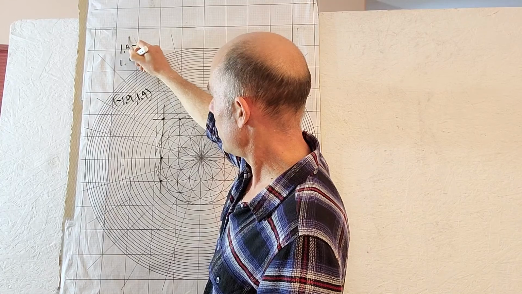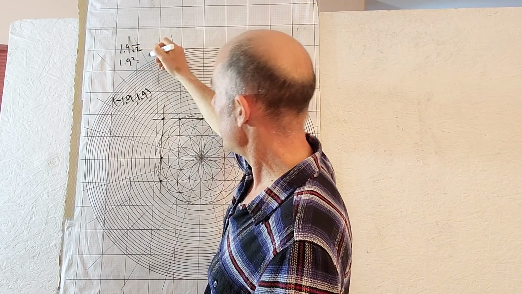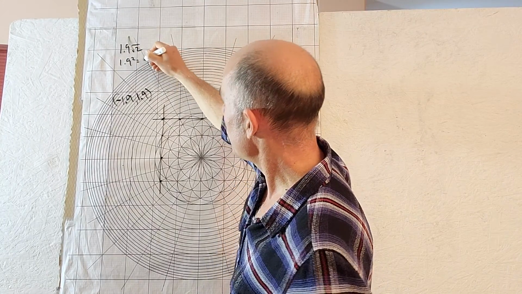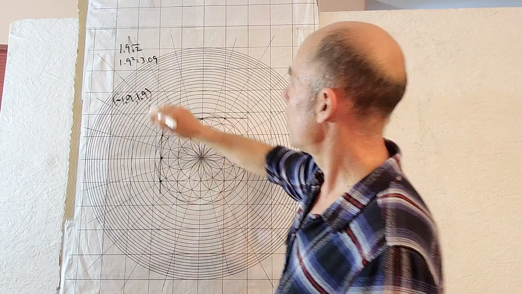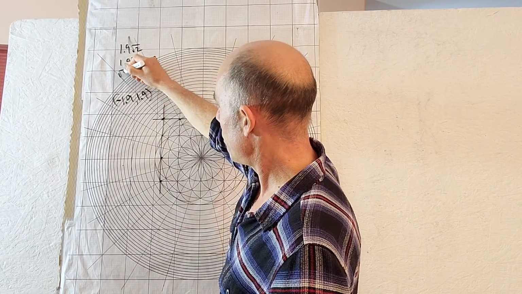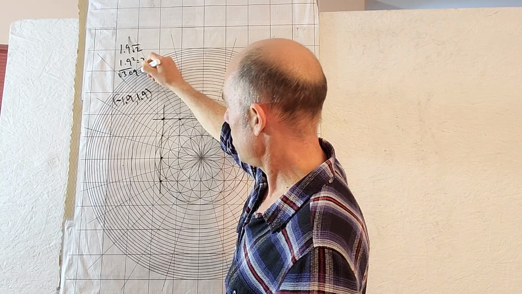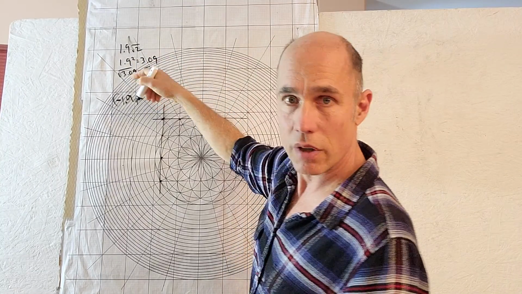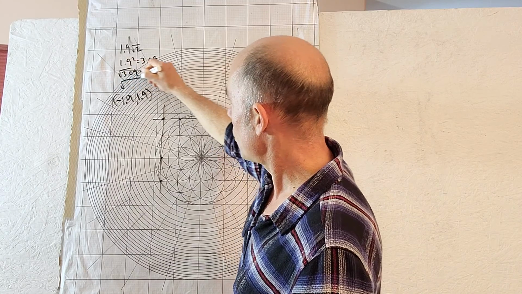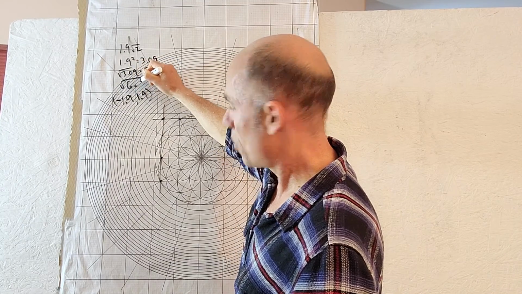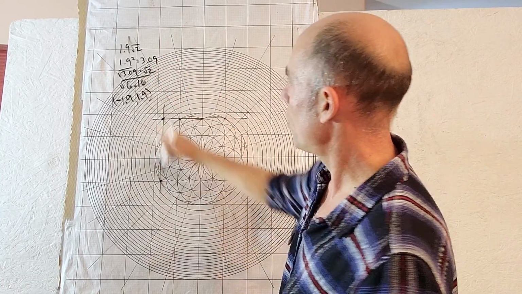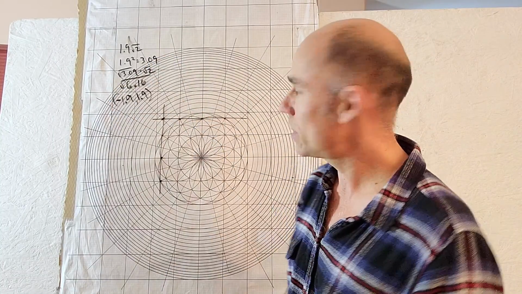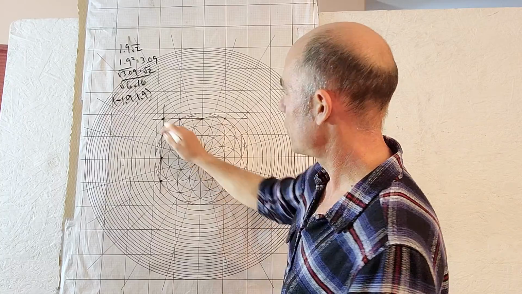So 1.9 squared is 3.09. So the square root of 3.09 multiplied by the square root of 2 results in the square root of 6.16. That's right there. So that's the length of this line right here.